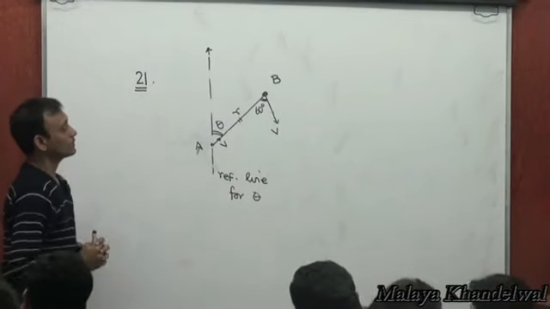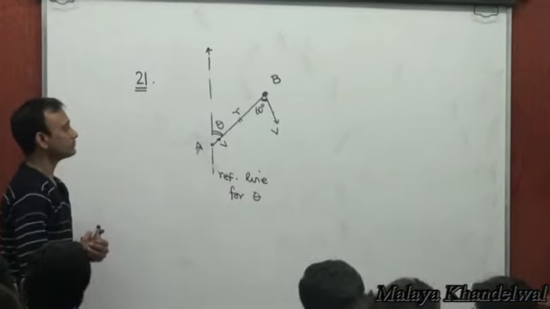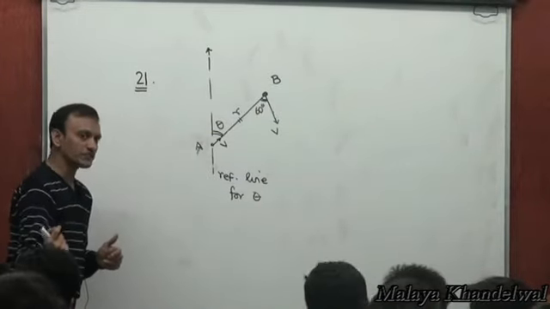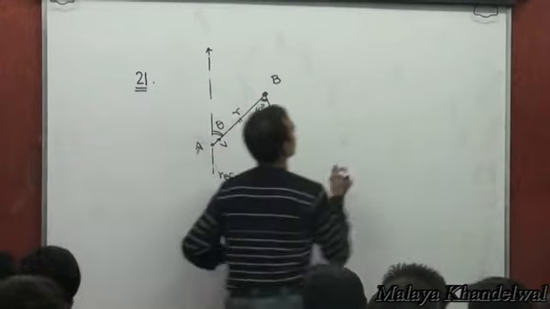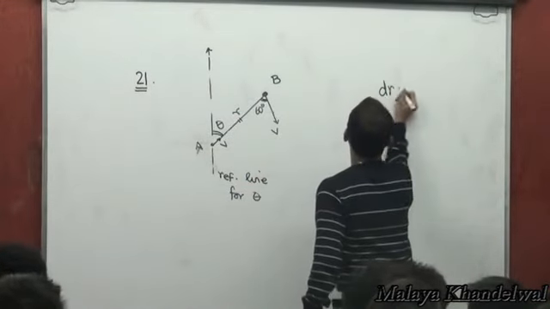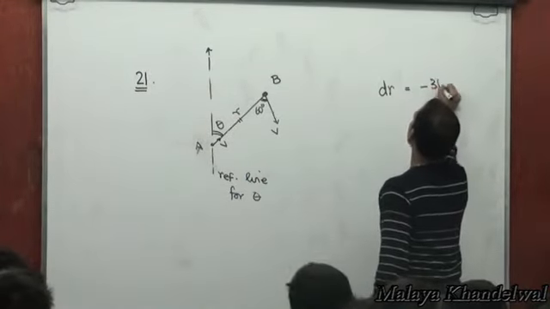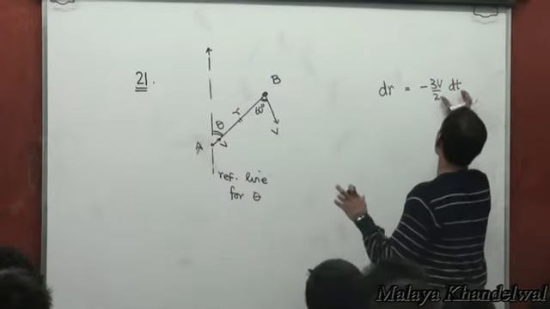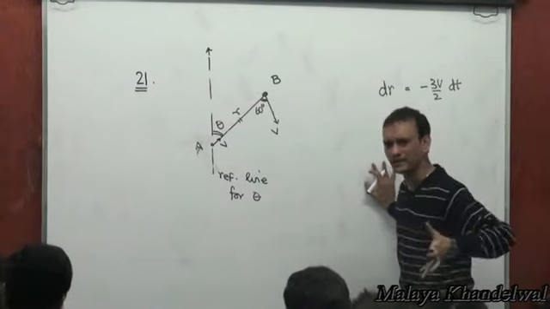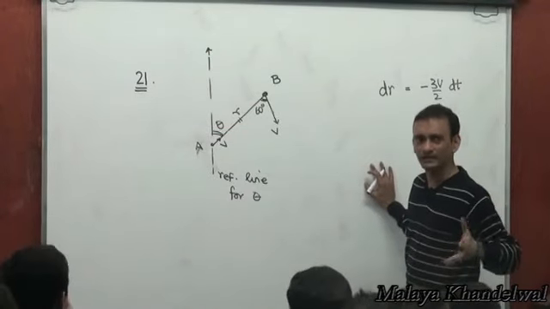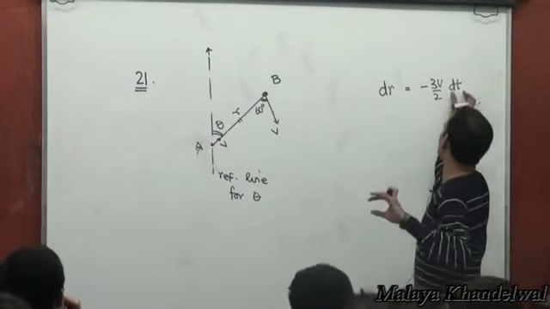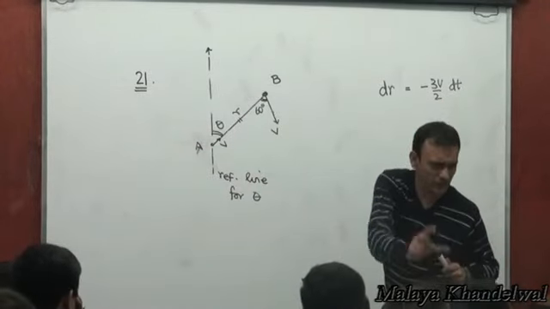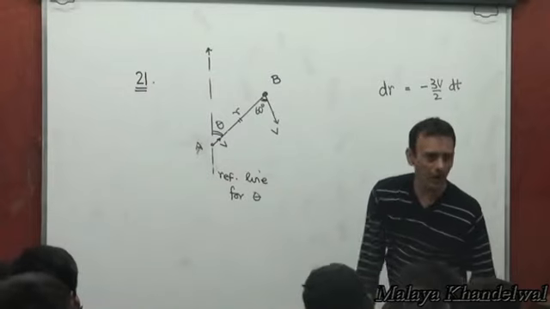But the earlier equation that we wrote, dr equal to minus 3v by 2 dt, will still hold good because r is changing at this rate. The change in r in a small time dt is minus 3v by 2 into dt, which is just the earlier equation. That's measuring how r changes with time.